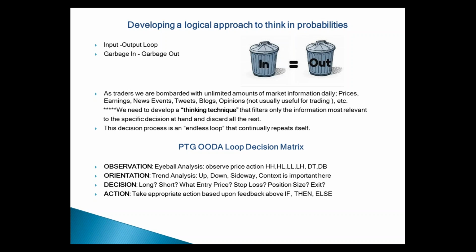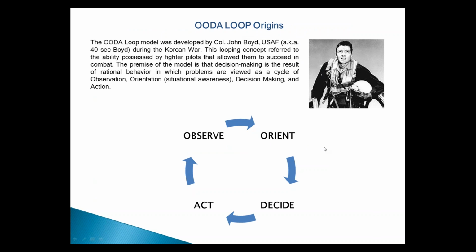Now, before we get to that, I want to give you a little bit of origin of the OODA loop itself. The OODA loop model was originally developed back in the Korean War time by a gentleman by the name of Colonel John Boyd. He was a U.S. Air Force fighter pilot, and he had a nickname, 40-Second Boyd.